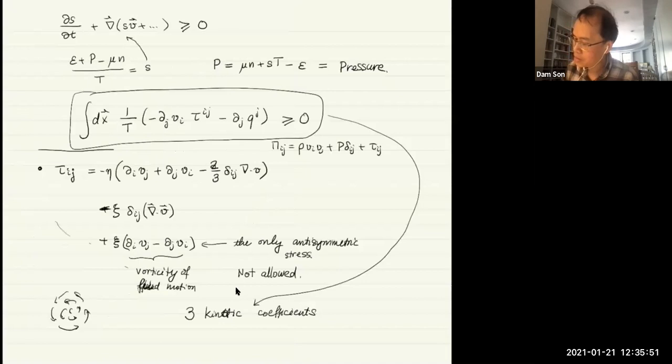This, and another one in the equation for Q, the extra term in the energy.